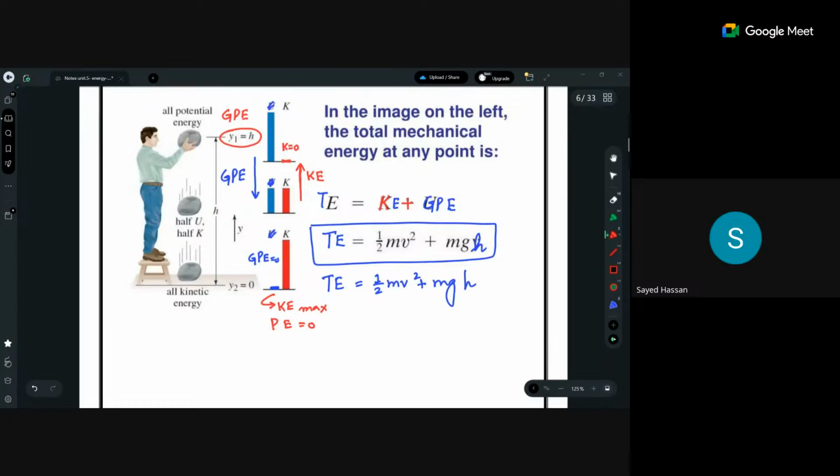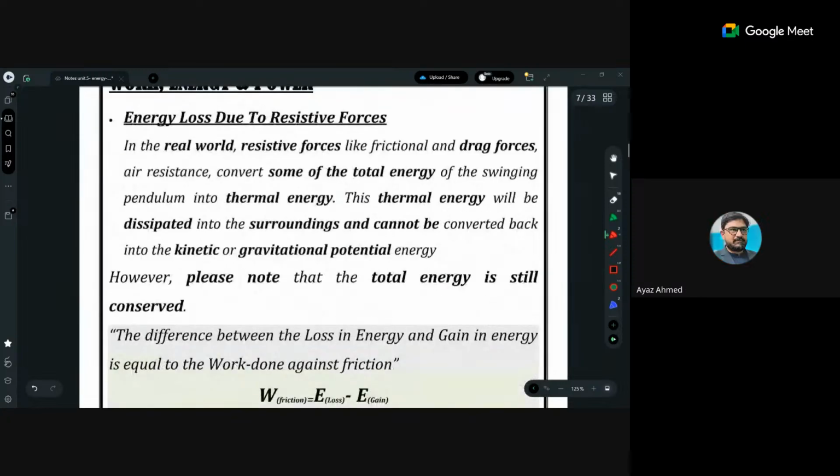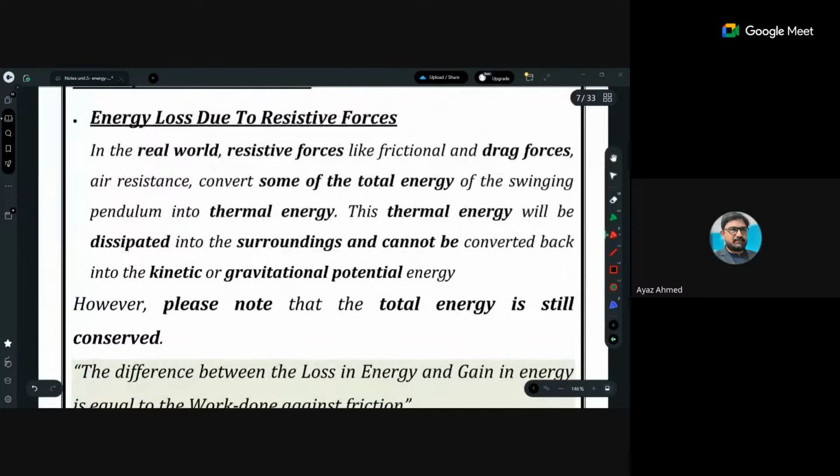Okay, so energy lost due to resistive force. When there is a resistance, when you are going to drop a body and there is a resistance available, in real time this happens: energy is converted into heat loss, because total energy is not converted from one form to another, or kinetic is not converted entirely into potential.